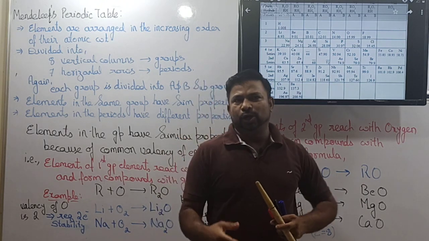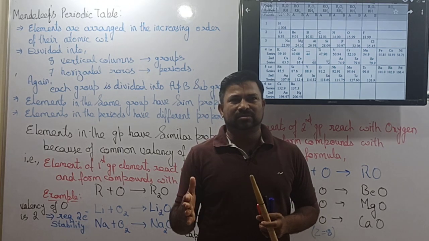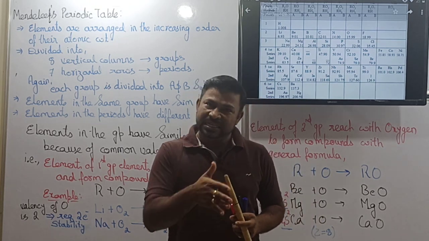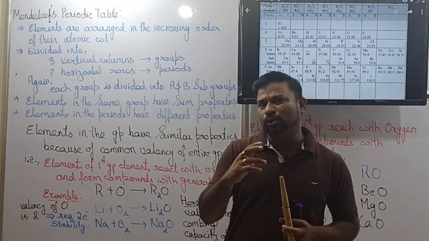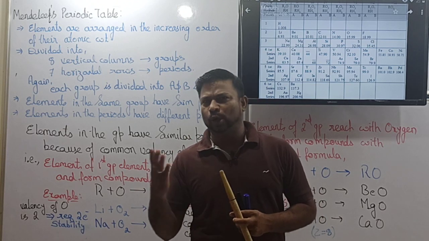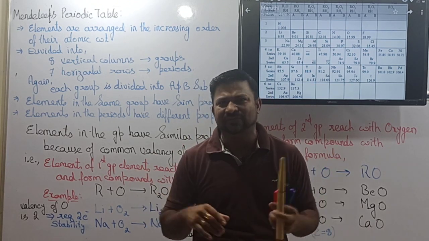In my earlier video, I have briefly said what are the salient features of Mendeleev periodic table. In this video, I'm going to explain his table: how many rows, how many columns, and in total how many elements he has classified.